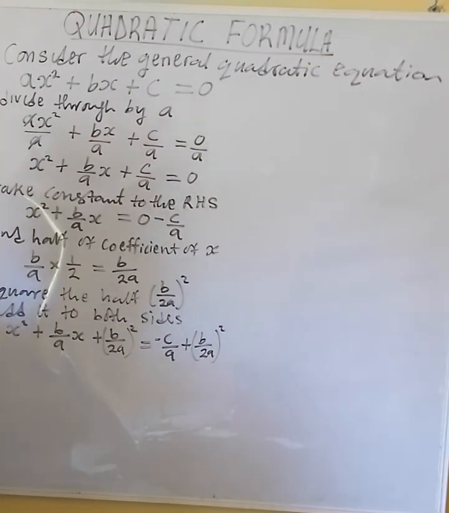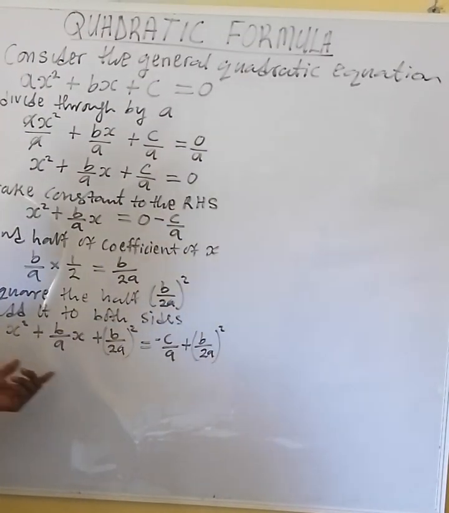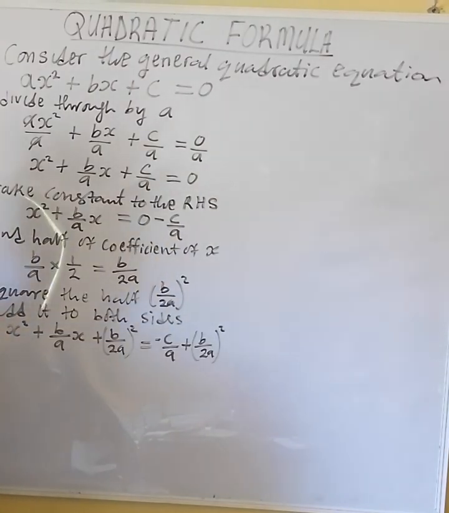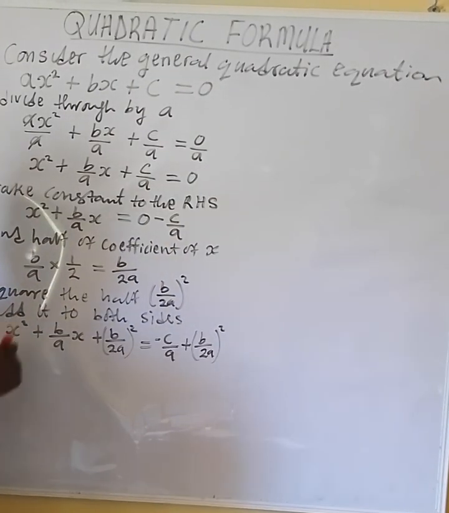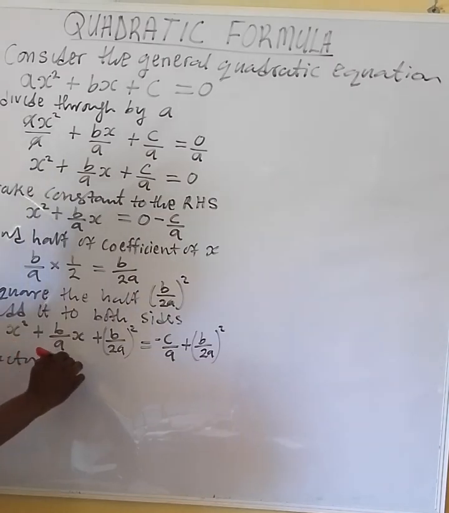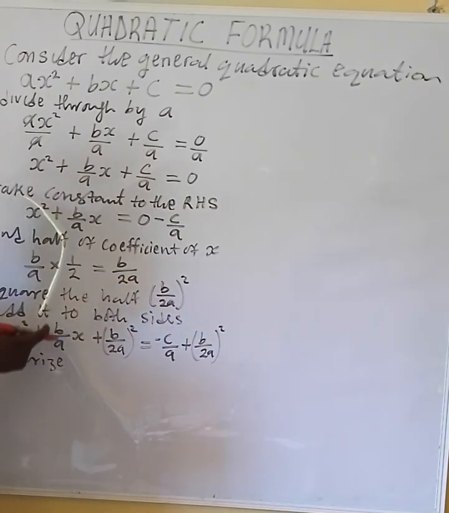Are we together now? So having done that, when you look at what we have here, we have b over a here, b over a here. So which means we can now factorize. Factorize what? Factorize the coefficient of x. When you look at it, b over a is common, so you bring it out there.